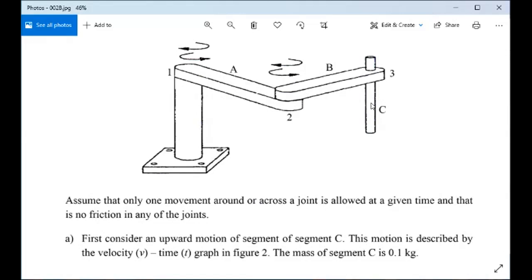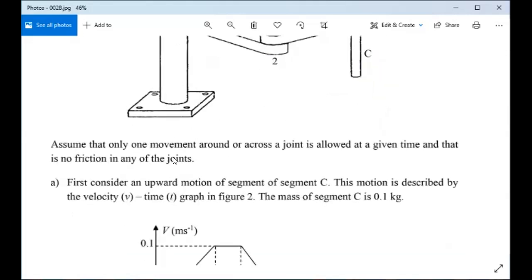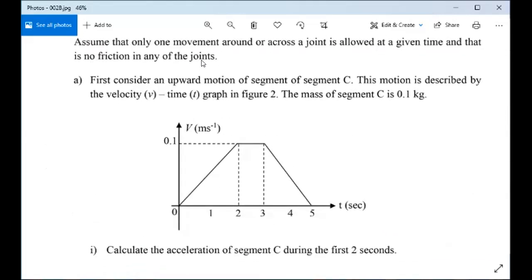B and C will be at rest when A is moving. That's the meaning of this word, allowed. One movement is at a time. And there is no friction in any of the joints.